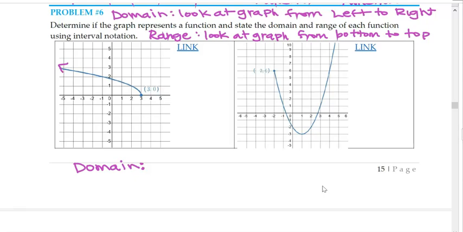And so this is going out to negative infinity. That's the furthest left it's going. And then the furthest right is right here at 3. So you can see here, this is what we're looking at for the domain.